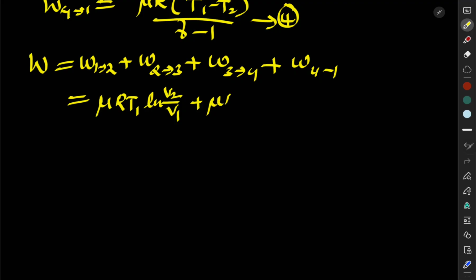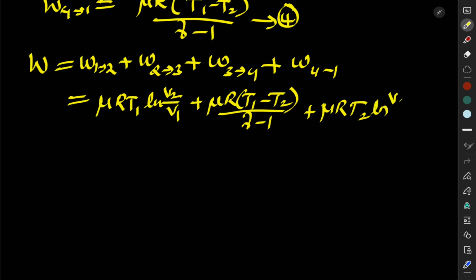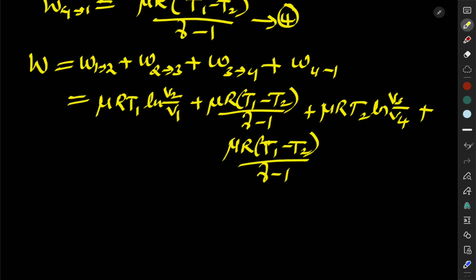Next, mu R (T1 minus T2) by gamma minus 1, plus mu R T2 log V3 by V4, and plus mu R (T1 minus T2) by gamma minus 1.